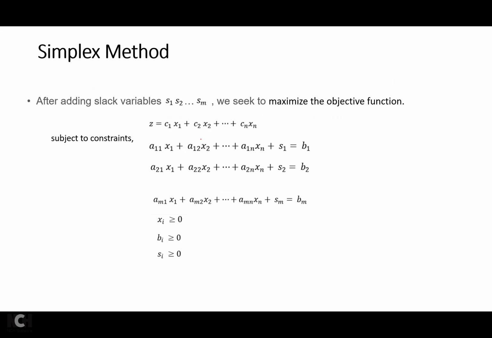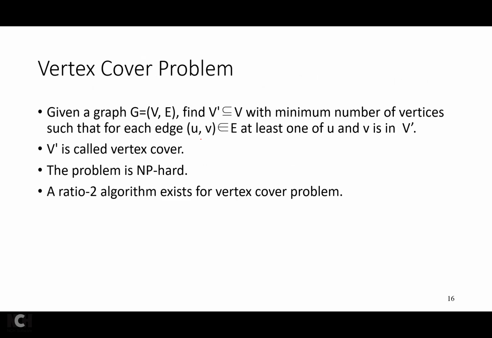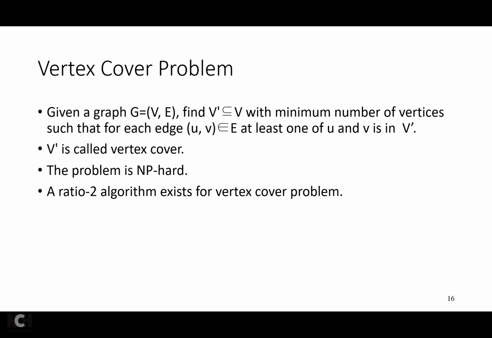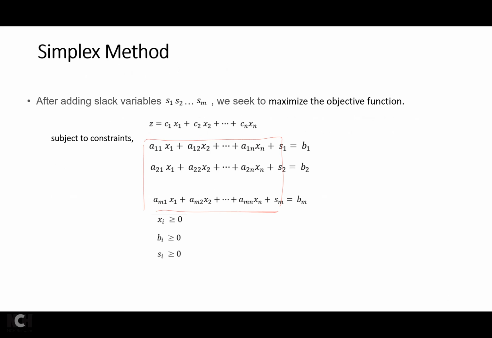After adding slack variables s1, s2, sm, the inequality constraints can be changed to equality constraints, such that this becomes a linear algebra problem. In this module, in this specific topic, we emphasize more on how to build the linear programming model.